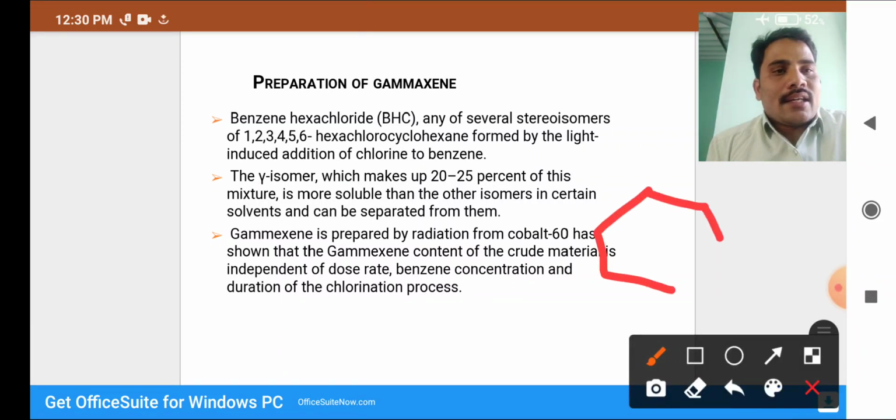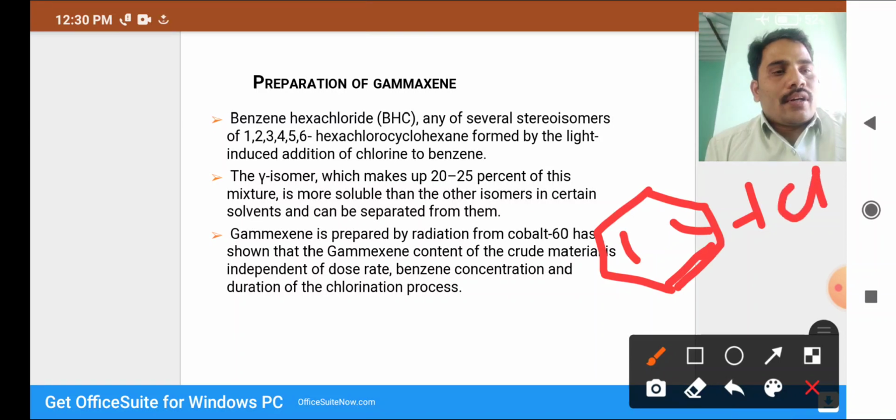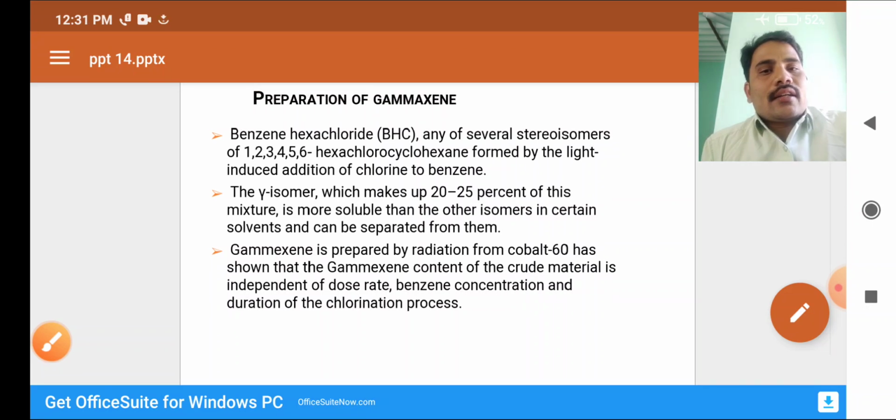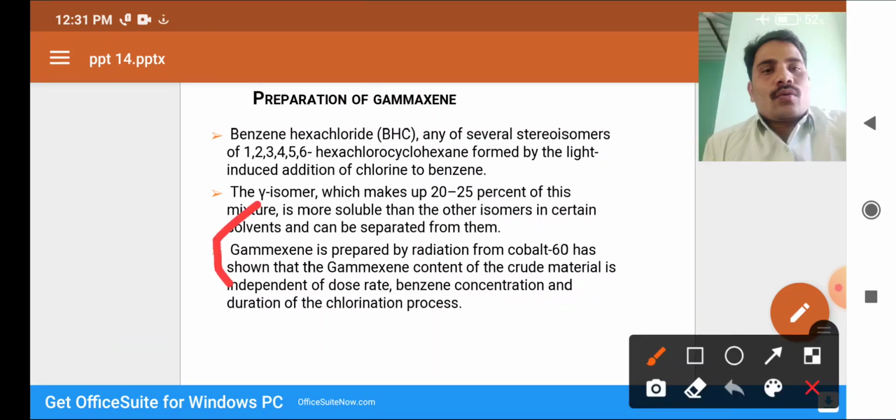Here I am writing the benzene ring. When chlorine is added, the benzene ring has alternating double bonds.